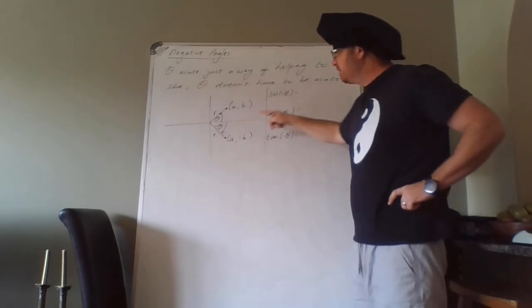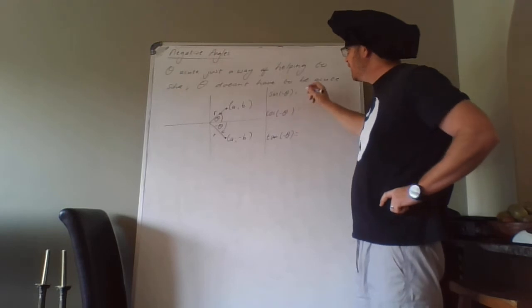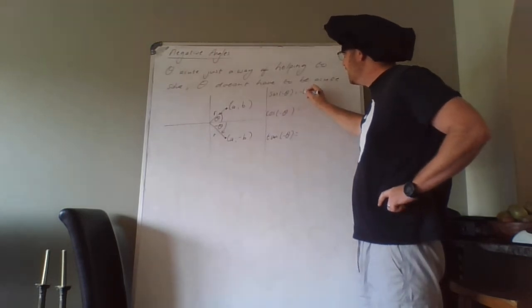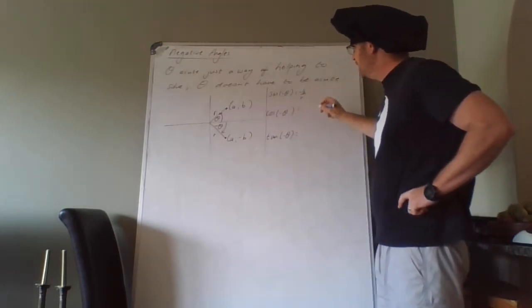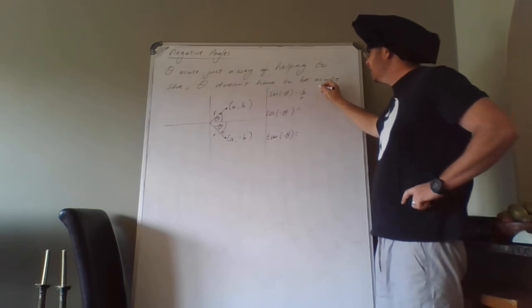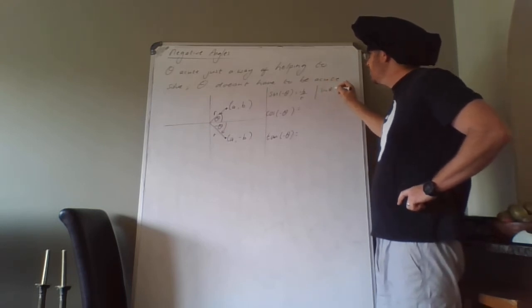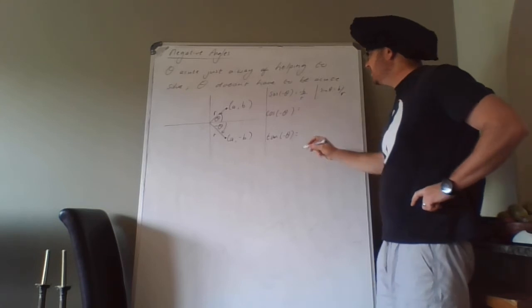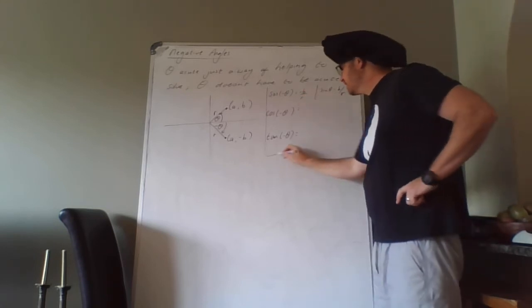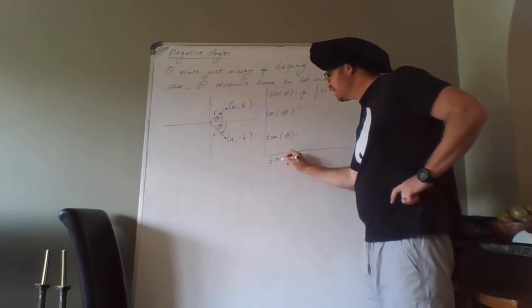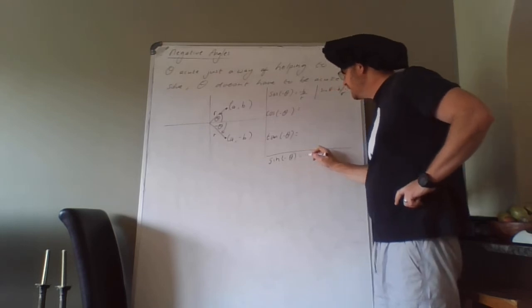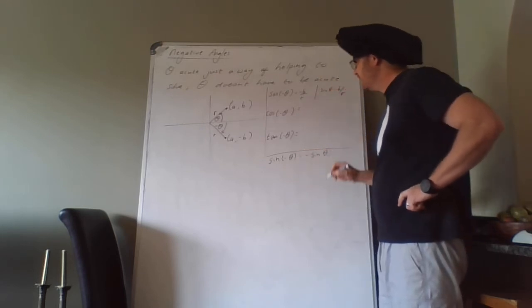The sine of negative theta would be the ratio of y over r, which would be negative b over r, okay? And sine of theta, though, would be b over r. So in general, they've got the opposite signs. Okay, so sine of a negative angle would be negative sine of the angle.